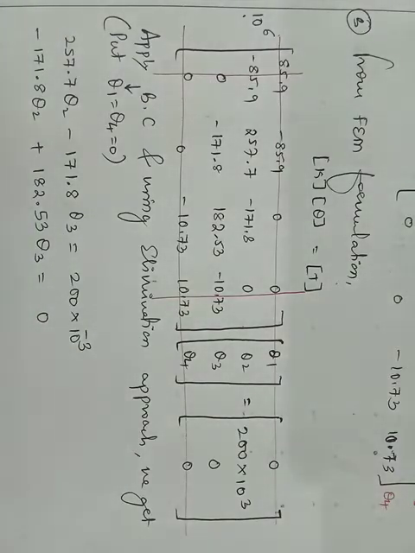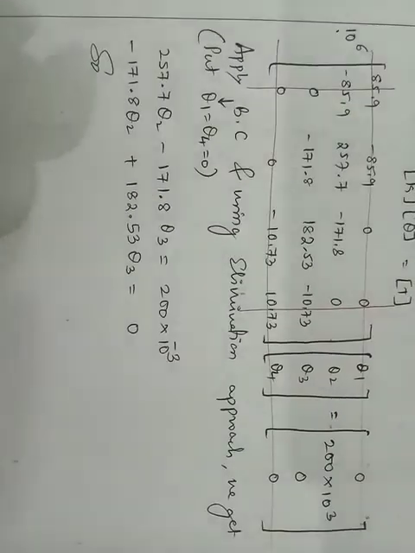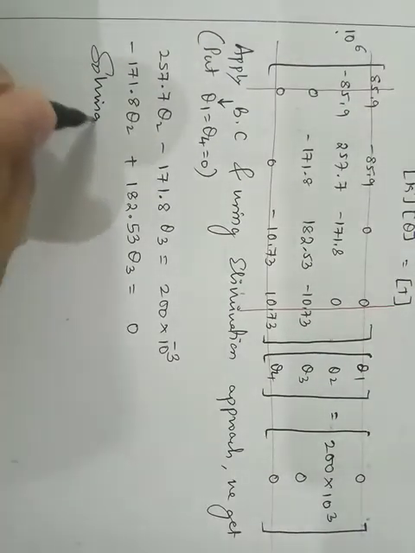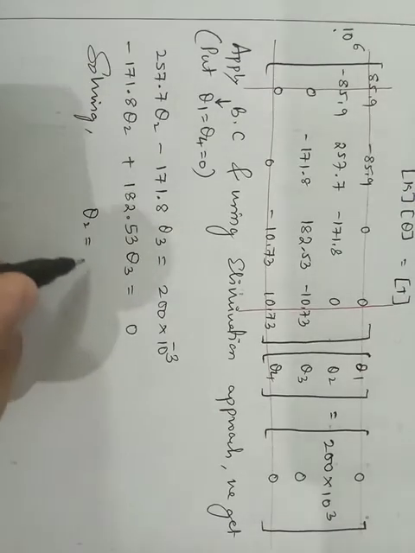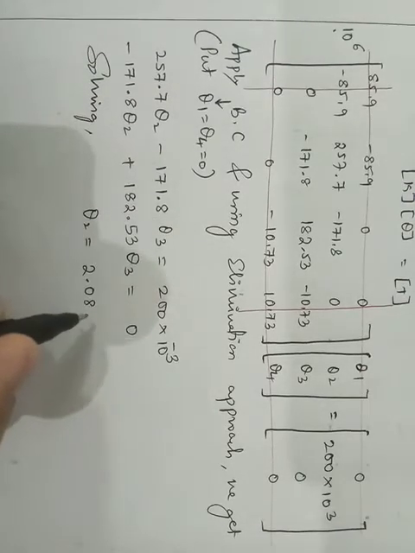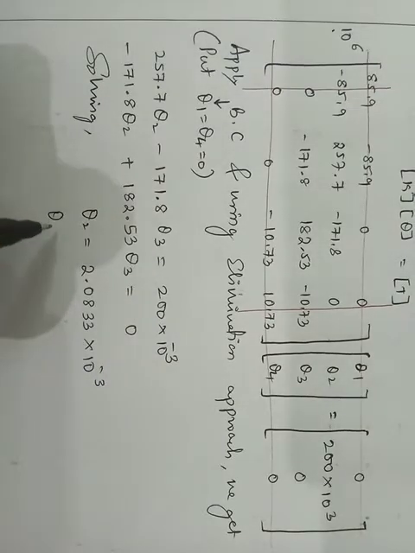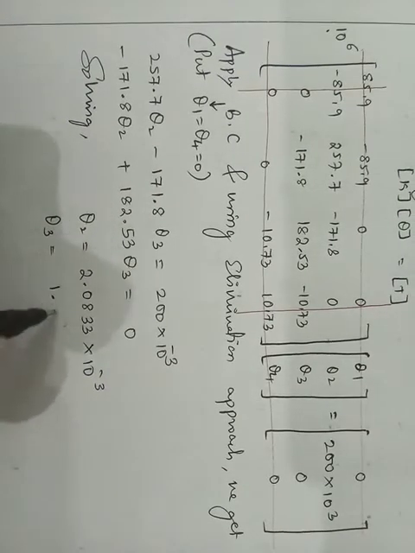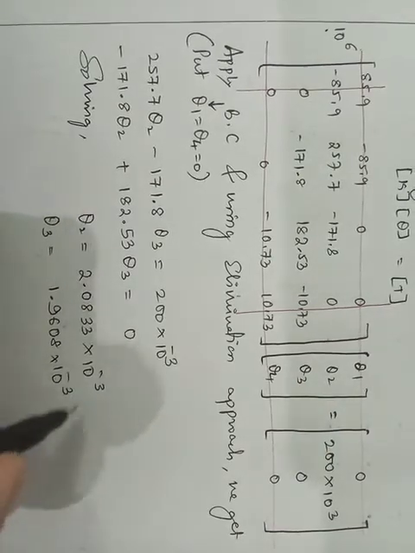So you are having two equations and two unknowns. If you solve, what we'll be getting here is theta 2 equal to 2.0833 into 10 raised to minus 3, and theta 3 will be 1.9608 into 10 raised to minus 3.